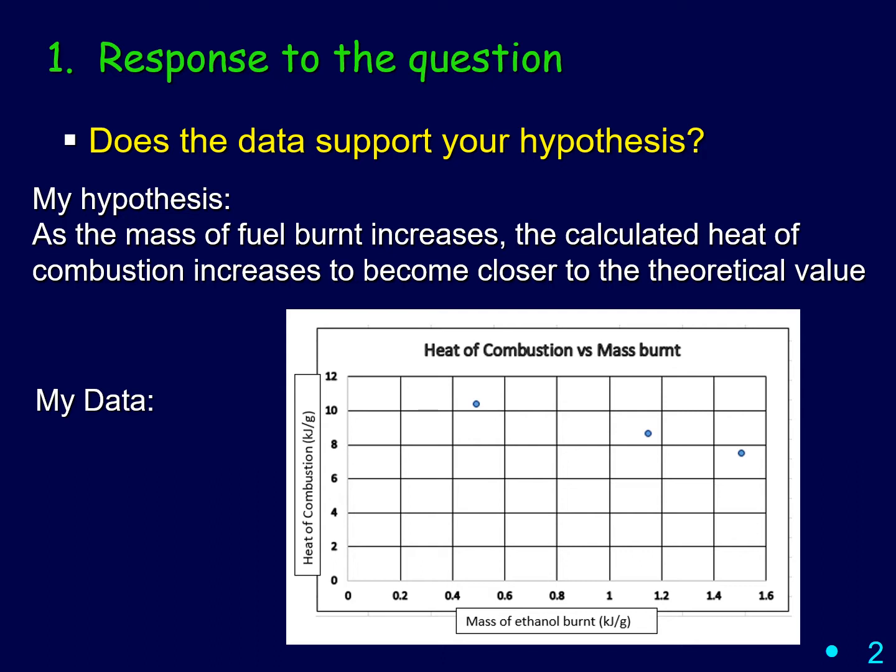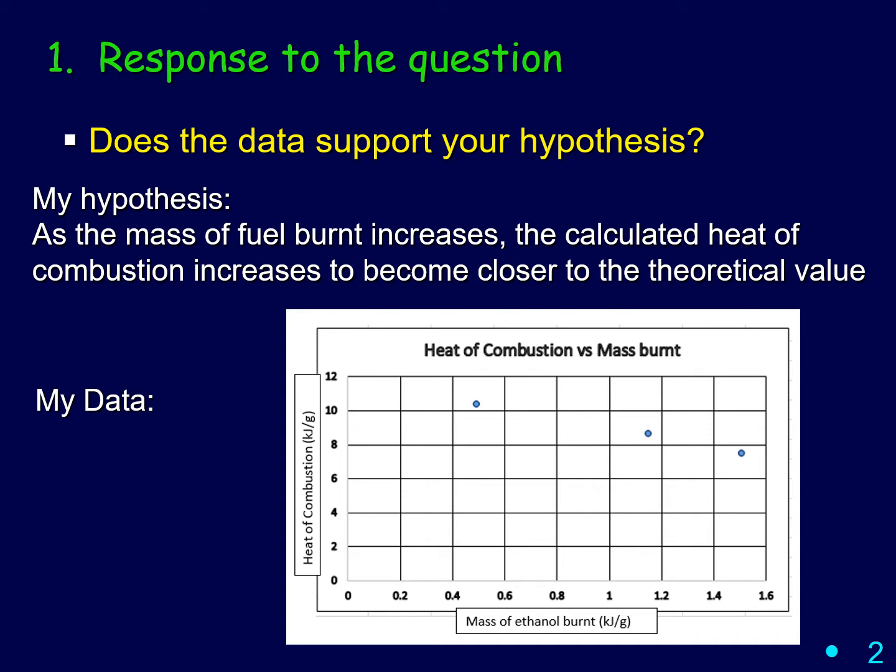When I graphed my data, I could really clearly see the opposite. As more fuel was burned, the heat of combustion that was calculated was lower, reflecting greater heat loss from this apparatus. So it went the other way. My hypothesis is completely wrong.